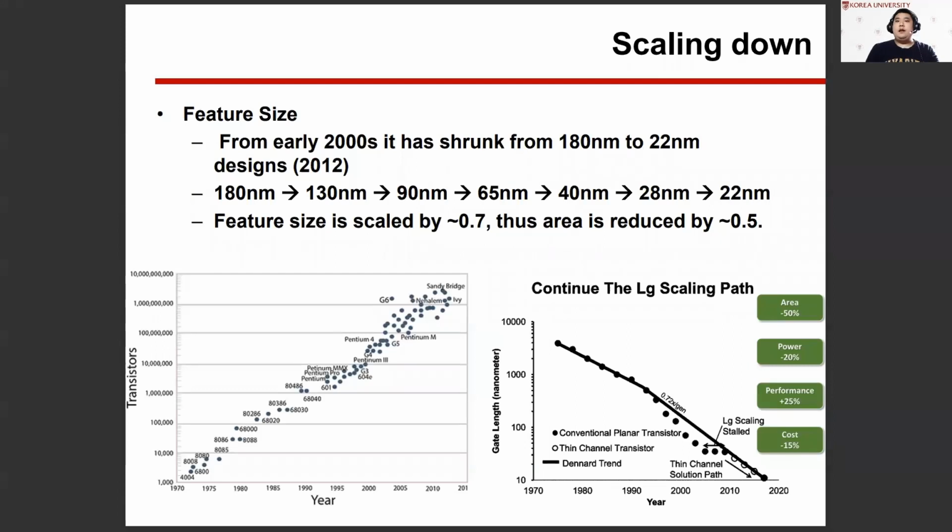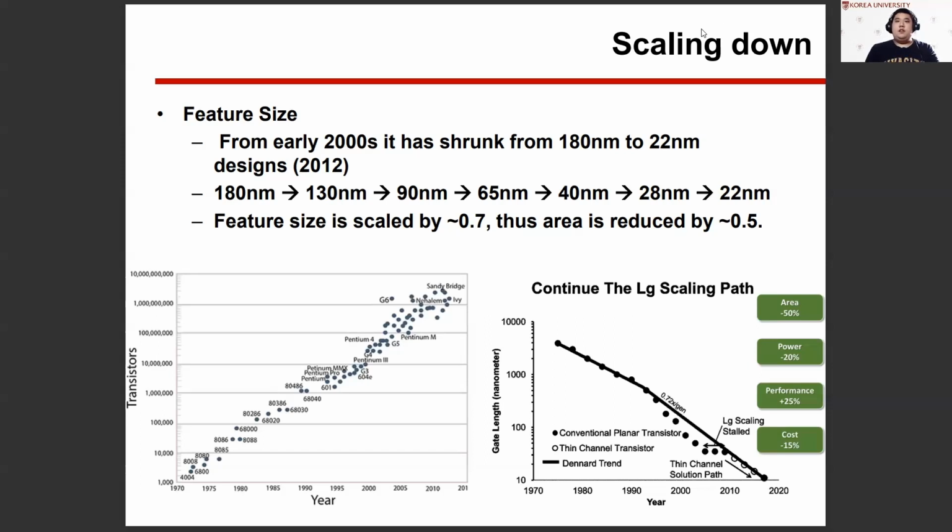Let's move on to scaling down. According to Moore's law, in 18 months the size of the chips can shrink to half. To make the chip size half, we need to scale down the length and the width by 0.7 times, because the square of 0.7 is around 0.5.